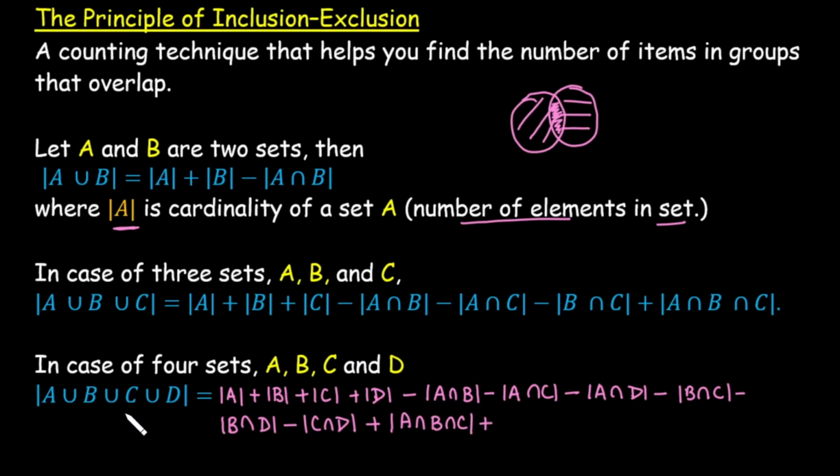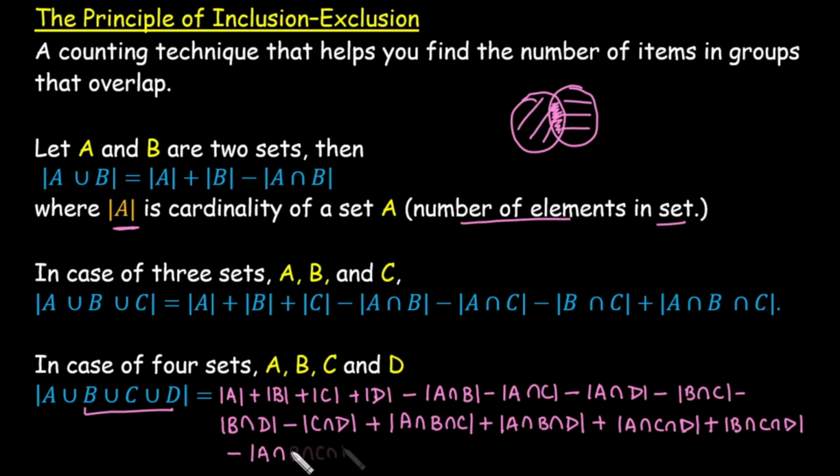Then instead of C, we can take D. Now instead of B, we can take set C. So these are all the combinations with the set A. Now the last combination we have is B intersection C intersection D. Count the elements in this case. And last, we take all these sets at a time with intersection.